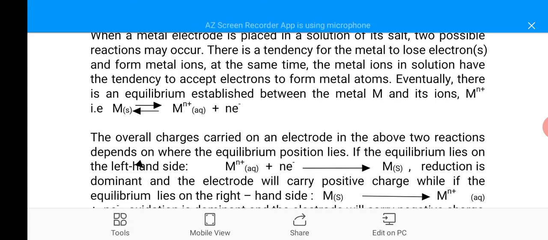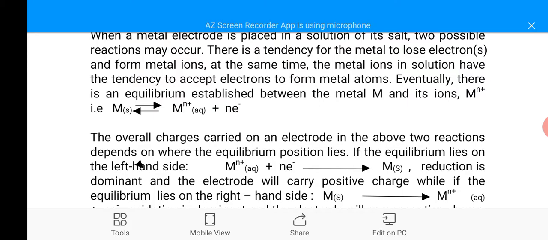If the equilibrium position goes forward, we are going to have more ions inside the solution. That is, the electrode will be dissolved inside the solution, and you have more ions being formed.